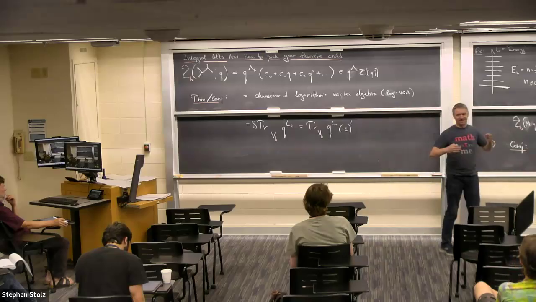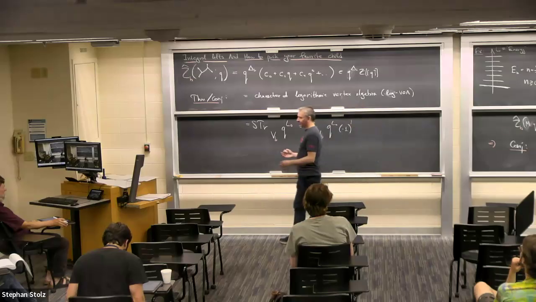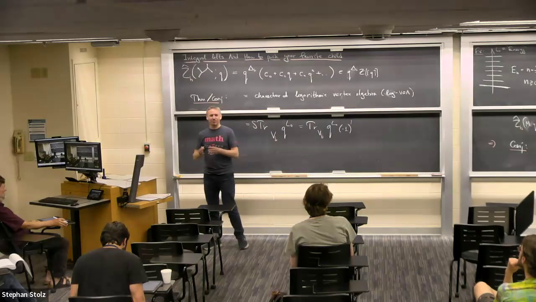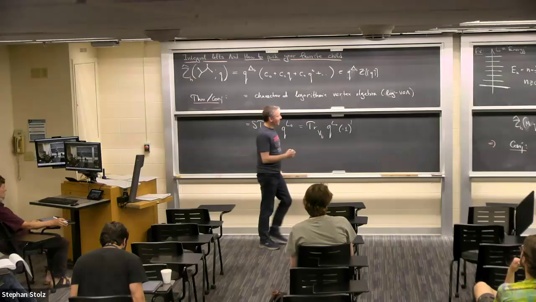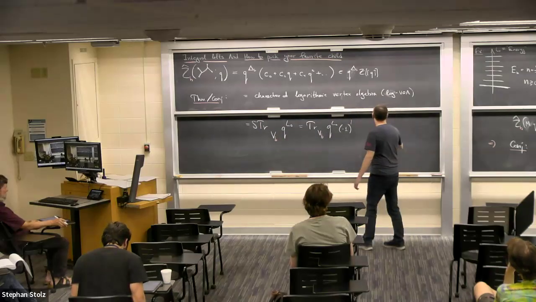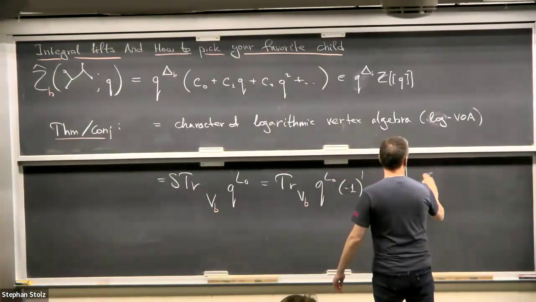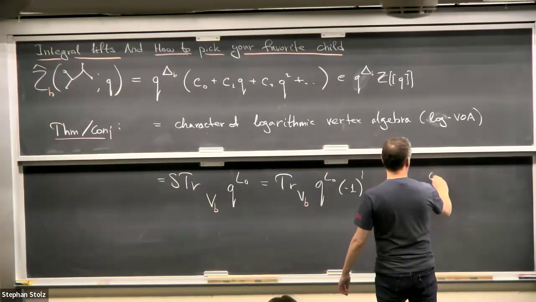There are many different VOAs and CFTs. The first thing we should communicate is some most basic characteristics, and usually they have a name. For instance, one such basic characteristic is the central charge.